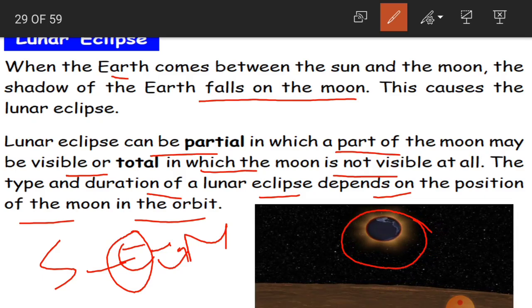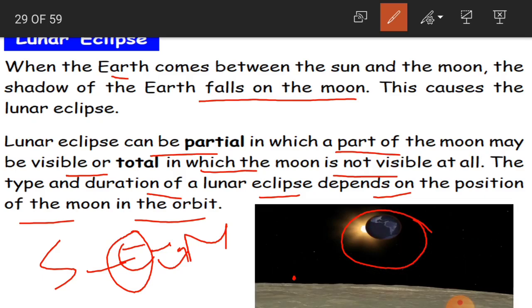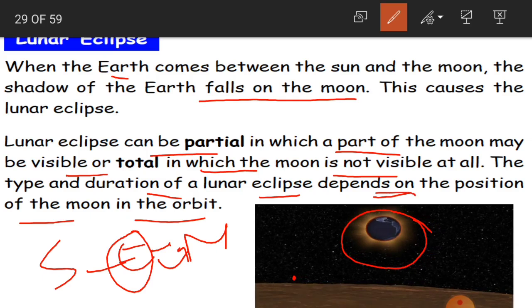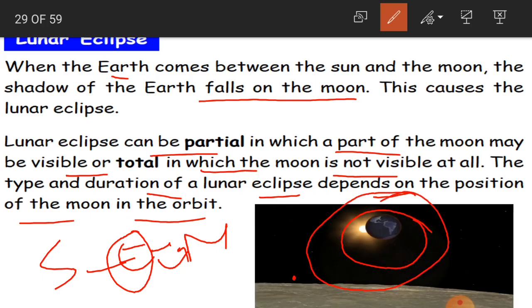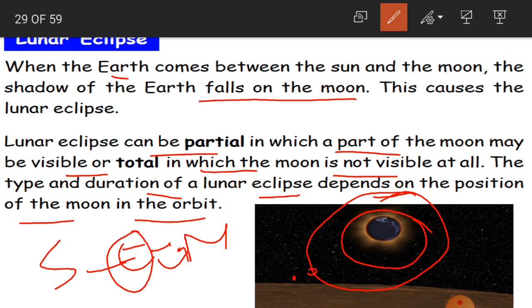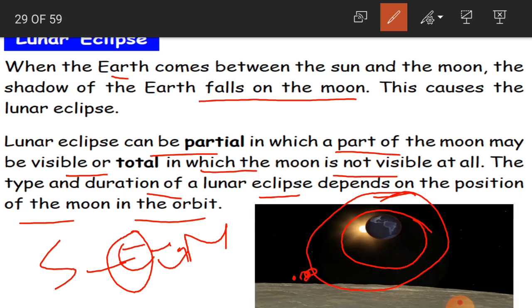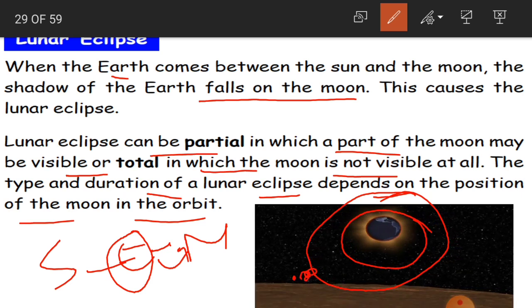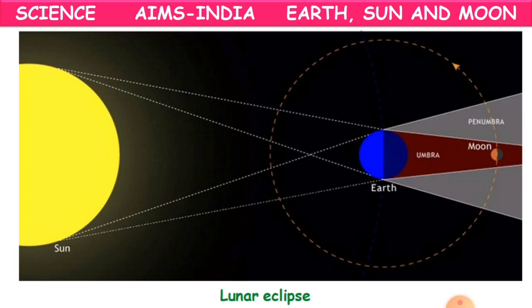As we have learned, the moon also revolves around the earth. According to the position of the moon in its orbit, the type and the duration of the lunar eclipse is dependent. Clear children?